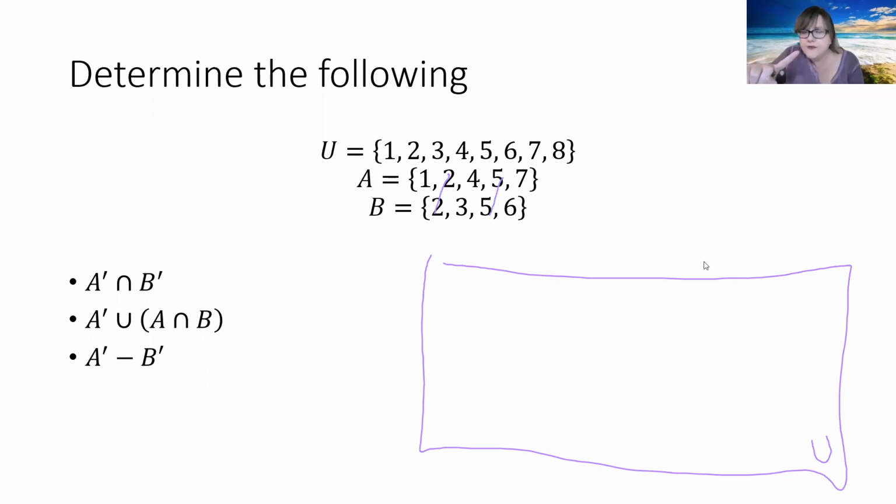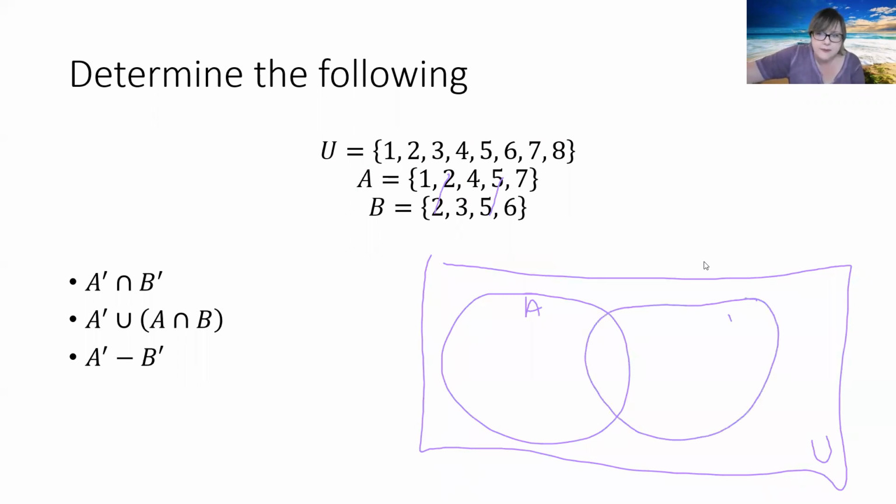So 2 and 5 need to overlap in A and B. So A goes here. B's got to overlap. It's hard to draw on a computer. 2 and 5 are in common, so they need to go into the intersection where they're overlapping.